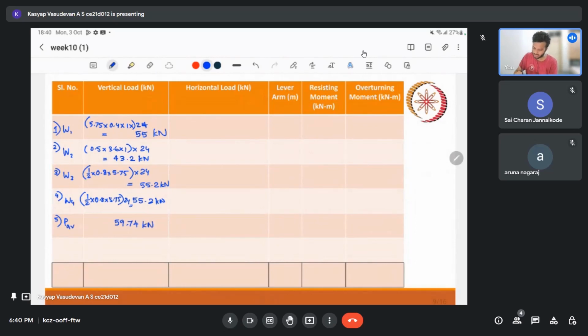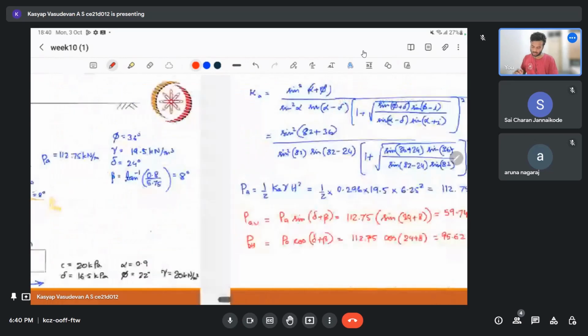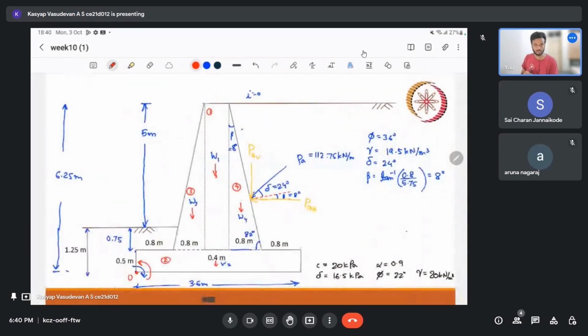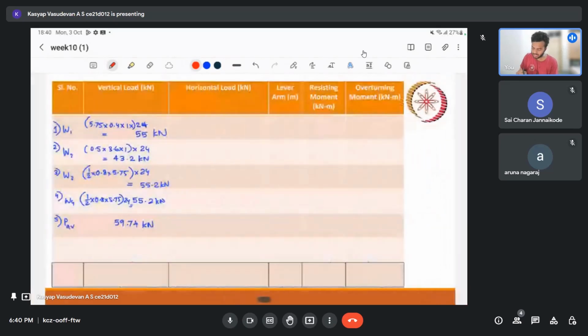But my sixth load, that is my horizontal force due to the lateral earth pressure, is causing the overturning moment. So I'll write that in this column, that is the sixth one, PAH, that will be 95.62 kilonewton. The rest everything is not applicable.